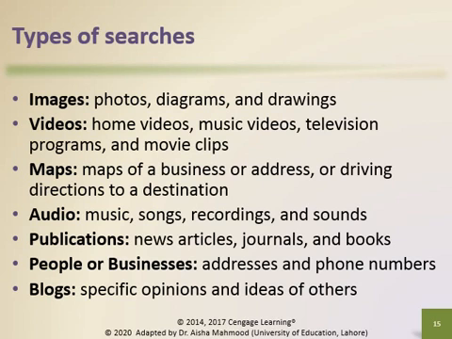You can search for publications, meaning if you want to know news articles, journals, and books, then you can use a search engine. Then comes people or business. Here you can search for addresses and phone numbers, and you can also search for blogs for specific opinions and ideas of others.